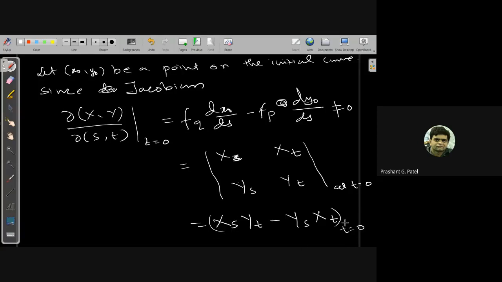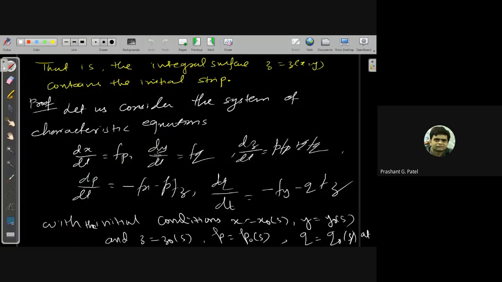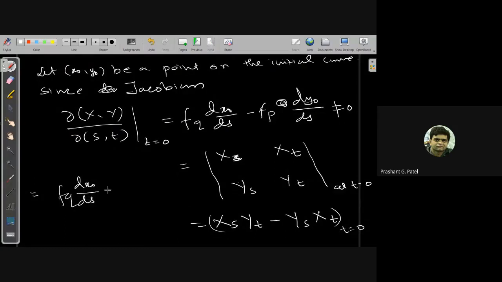What is xs at t equal to 0? We have it as d of x0 by ds. And what is yt? We already have this system of ordinary differential equations. yt means dy/dt. It is Fq. So that is why it is Fq here. So that is Fq minus ys, that is dy0/ds, and xt, that is dx/dt, which we have as Fp. So that is why it is Fq dx0/ds minus Fp dy0/ds, and these two quantities are equal.